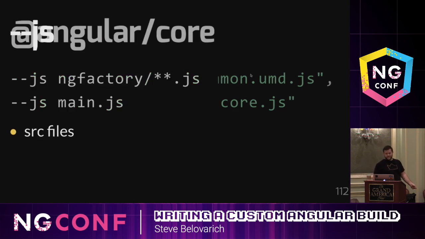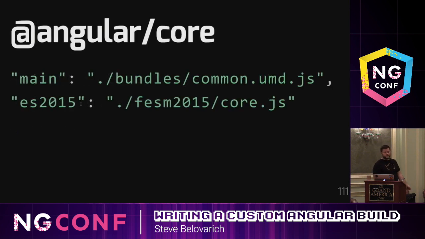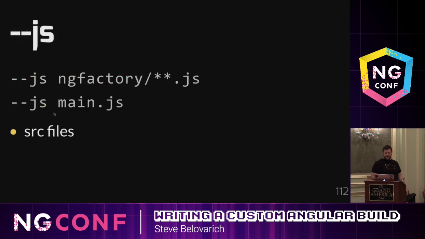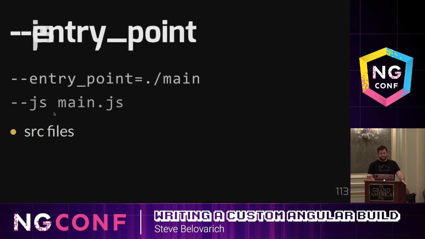And so we need to tell Closure Compiler to use this property in the package.json of the library that we're pulling in so that it knows where to pull the library code for our bundle. So we also need to tell Closure Compiler about all of our source, which is being held in the ng-factory folder, and about our entry point for our application, which is our main.js.